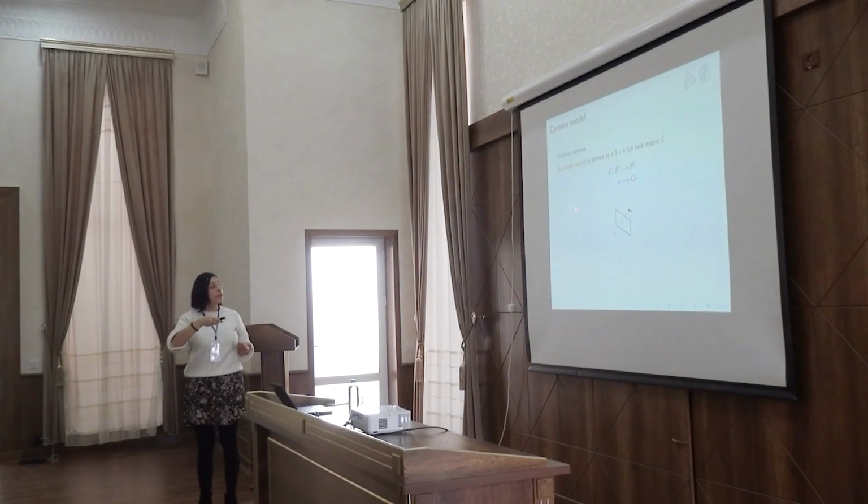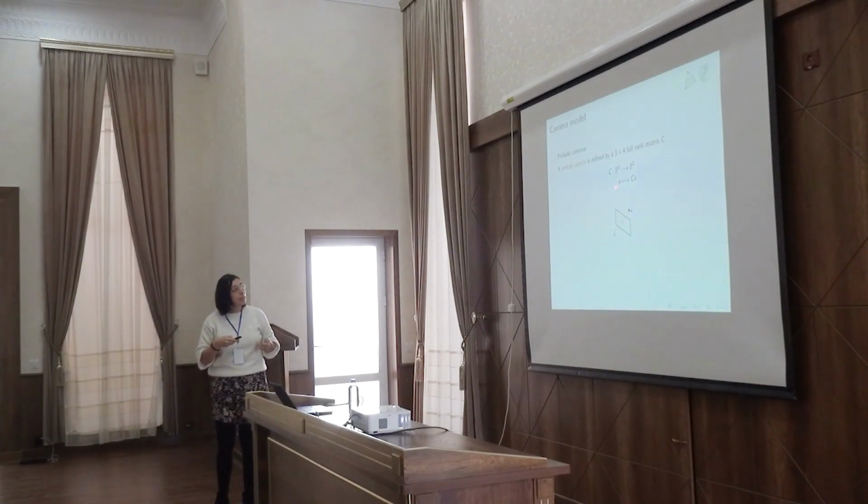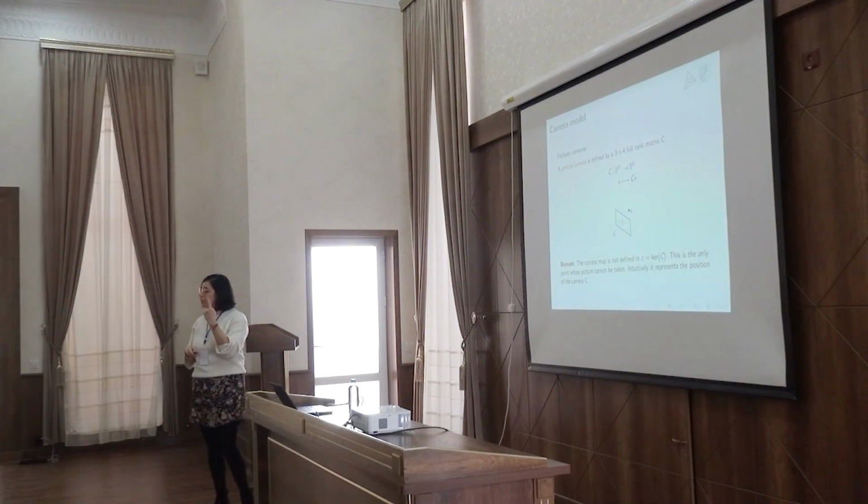Okay, so a pinhole camera is just going to be a 3x4 full rank matrix that takes a point in space and sends it to just the product of the matrix by the point. It's very simple, just a linear projection. However, this function is not going to be defined at one point, which is the kernel of the matrix, right?